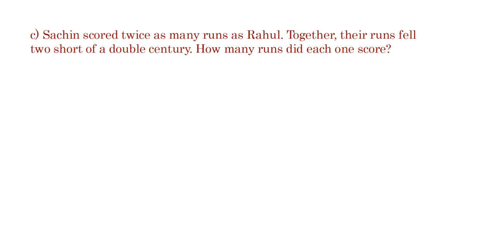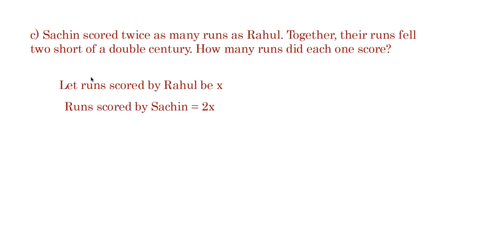Let the runs scored by Rahul be x. Then can you say how many runs were scored by Sachin? It is twice as many runs as Rahul. Rahul scored x, then twice of Rahul means runs scored by Sachin is twice x, that is 2x.